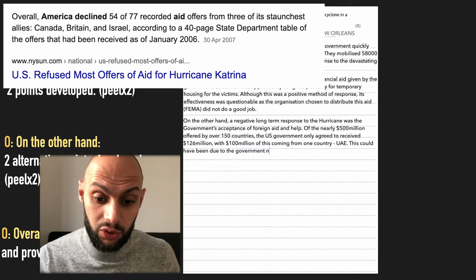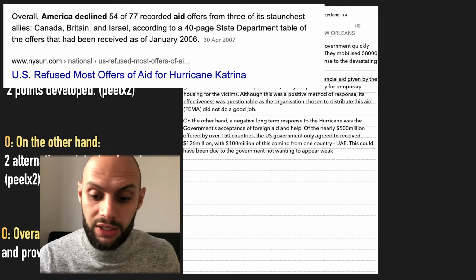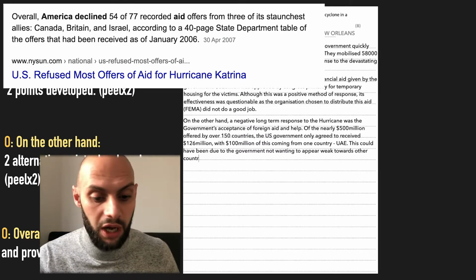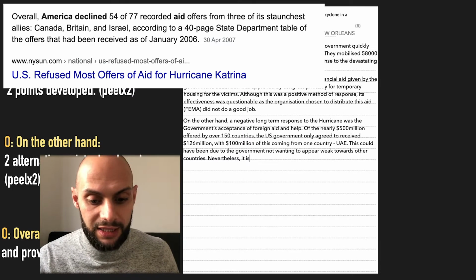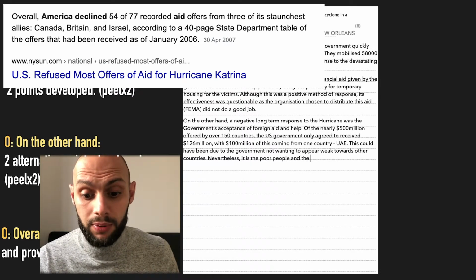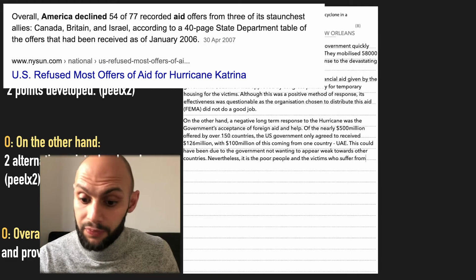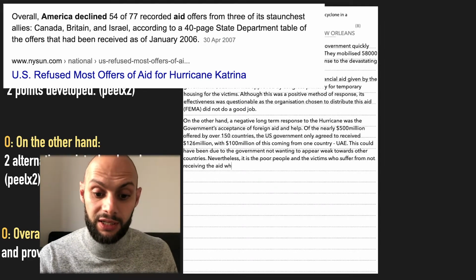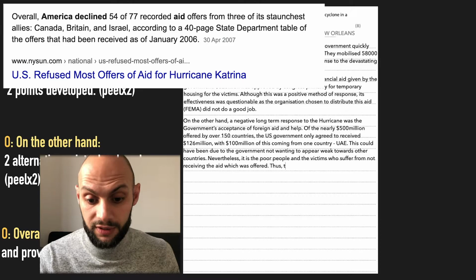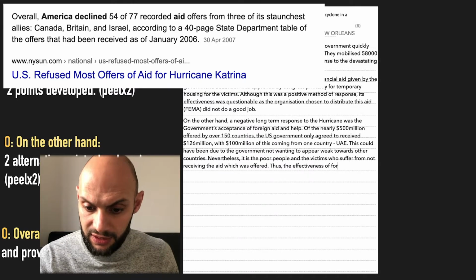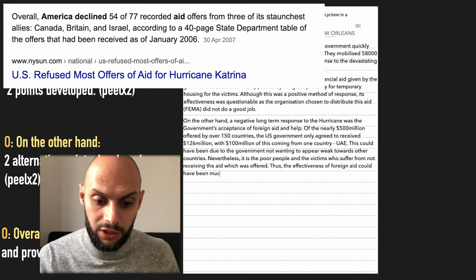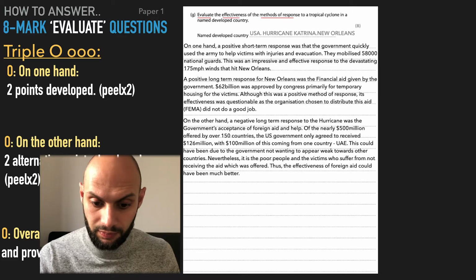This could have been due to the government not wanting to appear weak towards other countries. Nevertheless, it is the poor people and the victims who suffer from not receiving the aid which was offered. Thus, the effectiveness of foreign aid could have been much better.